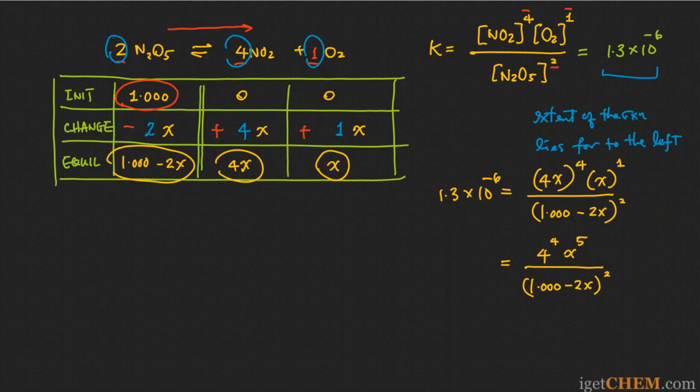But in this particular problem, we noticed earlier that the value for the equilibrium constant, 1.3 times 10 to the minus 5, is very small. And because of that, we said that the extent of the reaction lies far to the left.